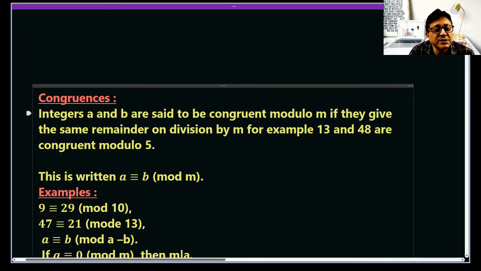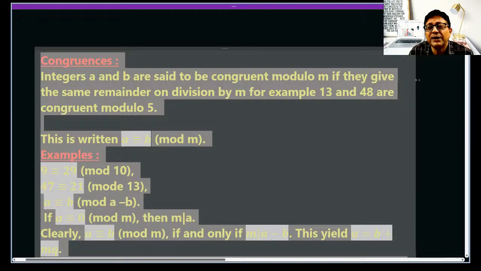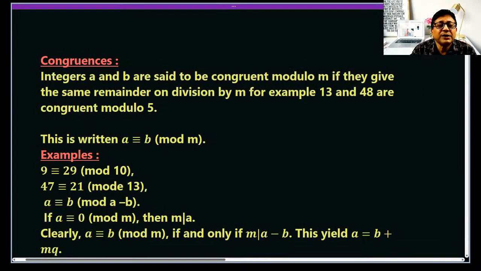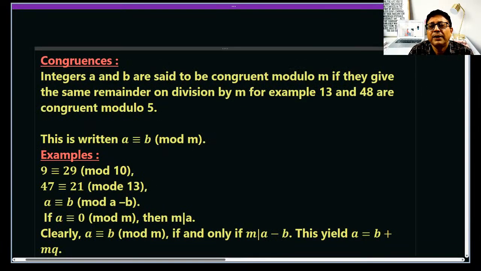Two integers a and b are given, the simplest definition here. Two integers a and b are said to be congruent modulo m if they give the same remainder on division by m. For example, 13 and 48 are congruent modulo 5. Why?